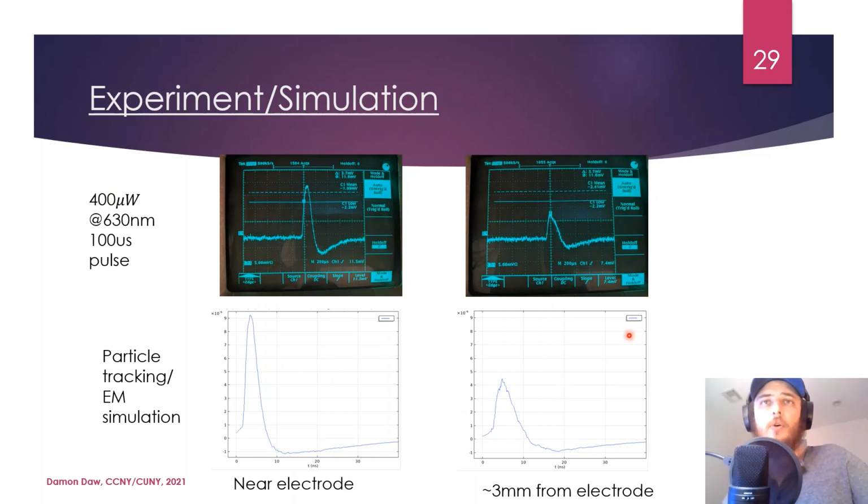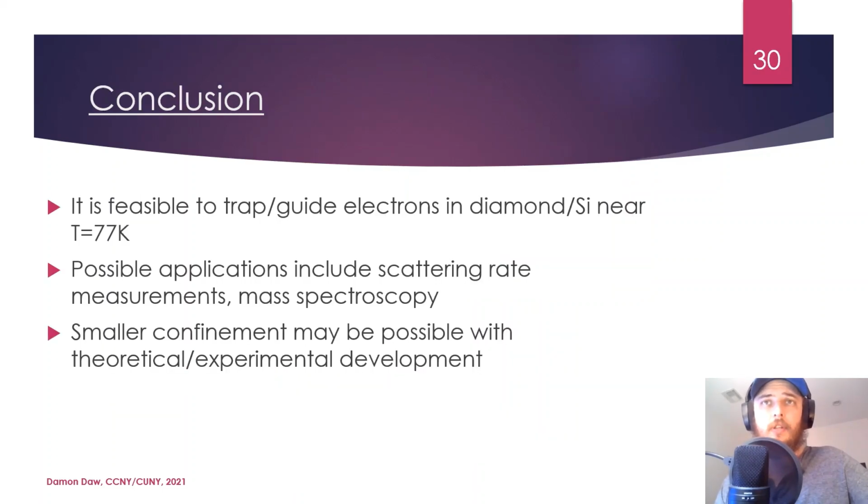So that's a nice result, showing that we're understanding the signals we're getting out of the experiment so far, and that with a little more work, we think we'll be able to definitely show that we're achieving some sort of guiding or trapping inside of a semiconductor.